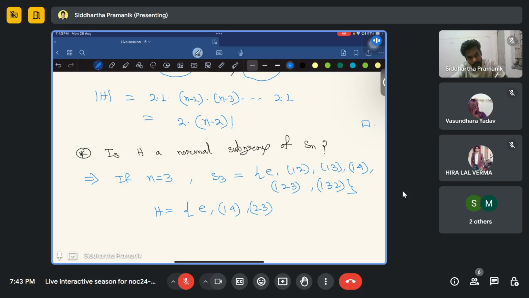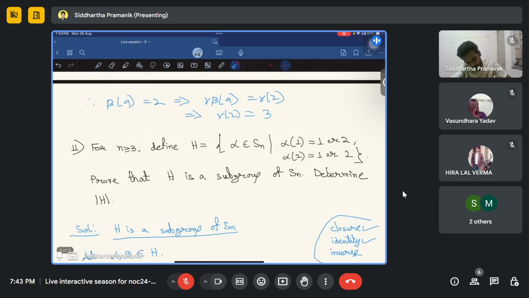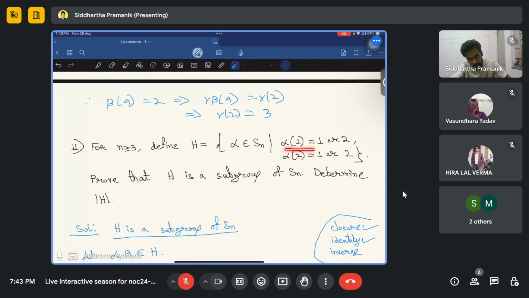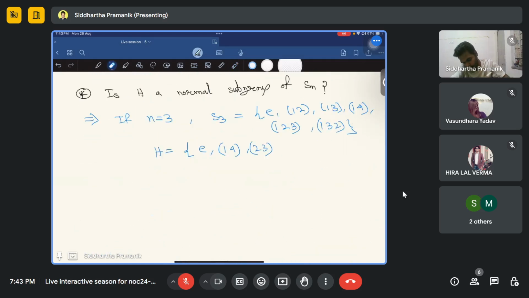Is it correct? So first observe this set. So under H, an element of H should map 1 to either 1 or 2. Same for 2. So this element does not send 1 to either 1 or 2. It is 4, right? So it cannot be in the set.